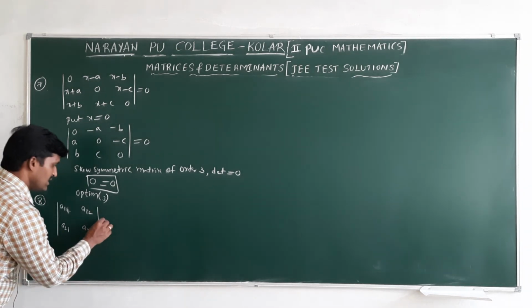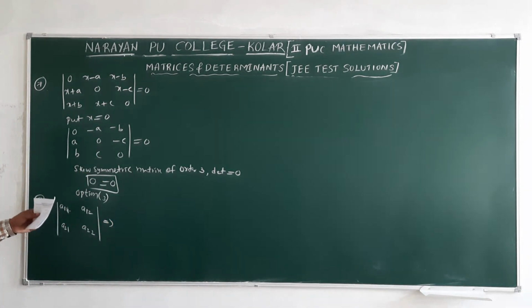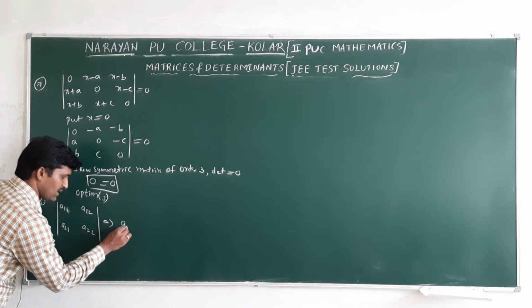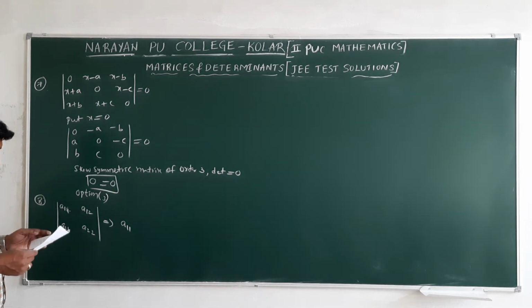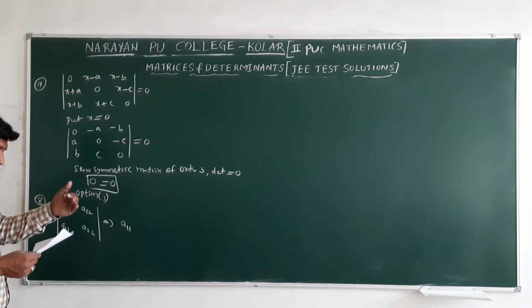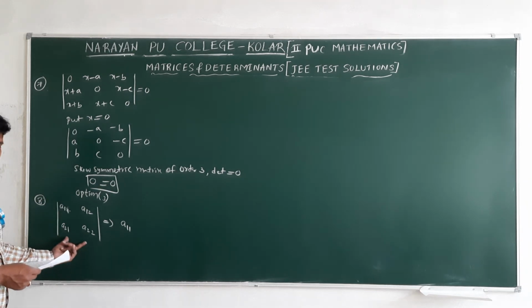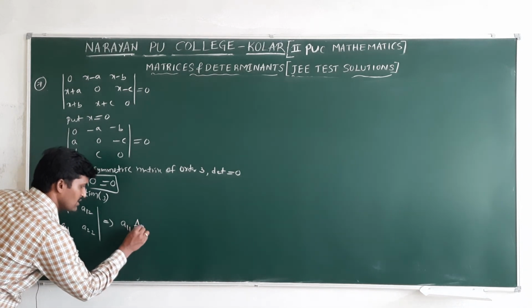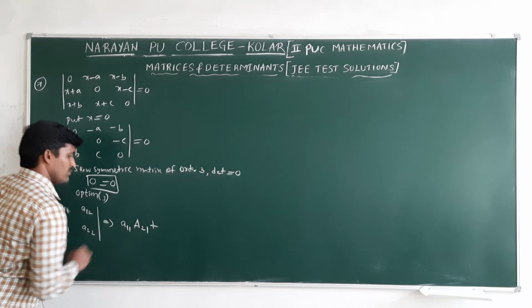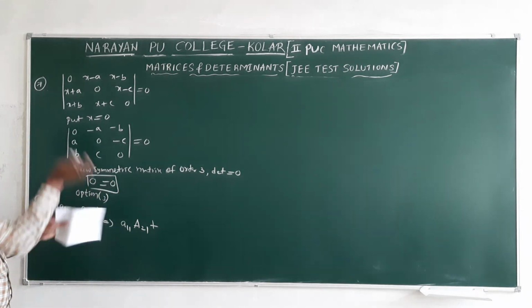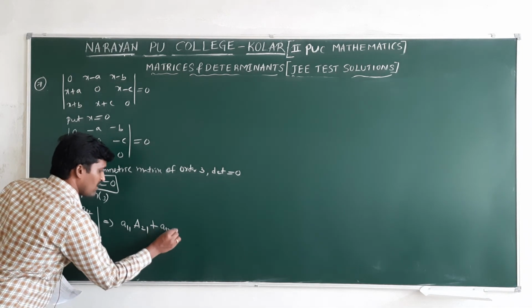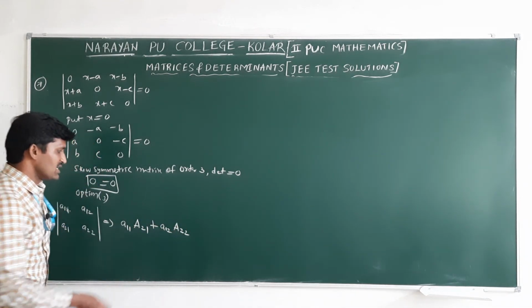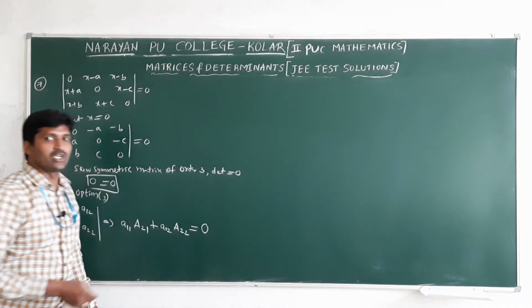Taking the elements of the first row, multiplied by the cofactors of the other row: capital A21, capital A22. Element with cofactors of the other row, this sum always gives 0.